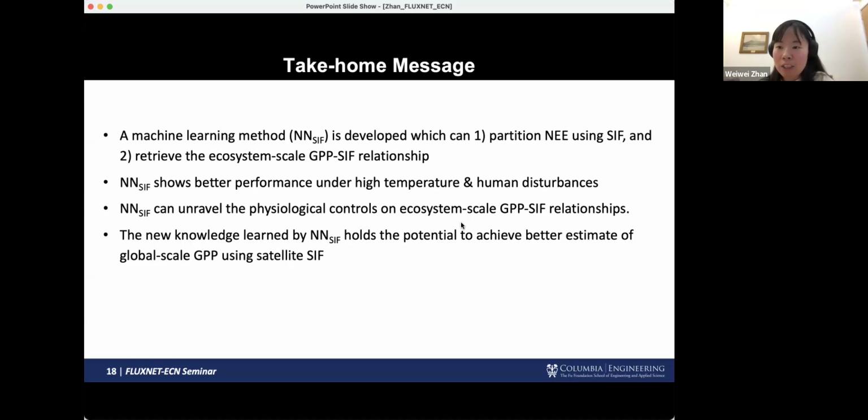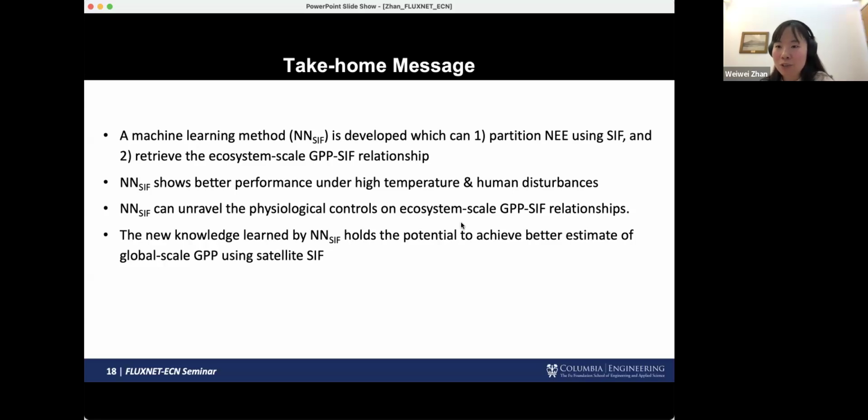But this also is the limitation of our work. It means we need to use hourly or half hourly SIF measurements for now. But in the future we do plan to use the remote sensing data from SIF so that we can expand from the sites with SIF measurements to most of the sites distributed globally.